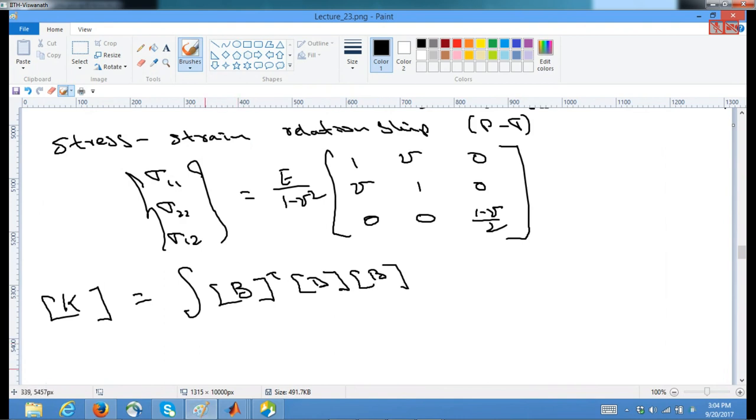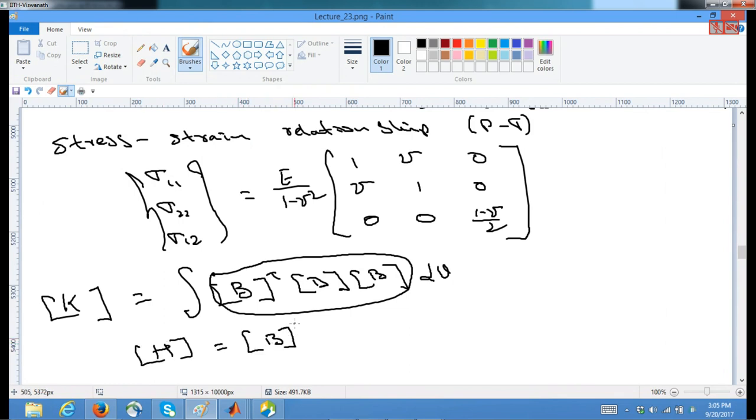So let us find the multiplication of this thing and then store it in some matrix called H. Let me do that quickly here.